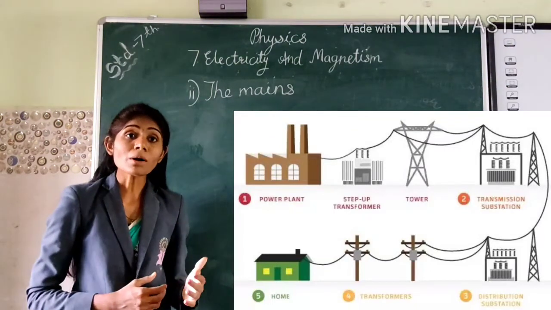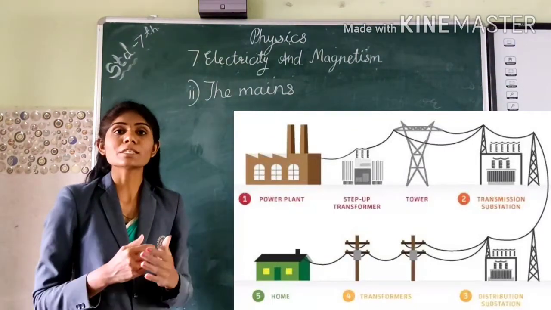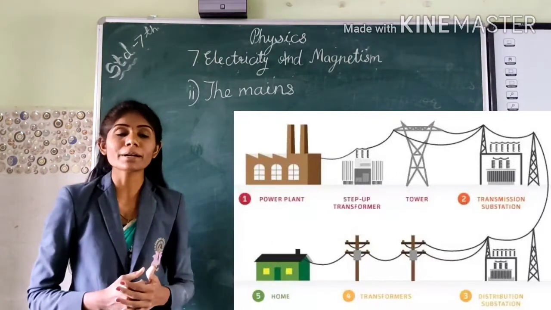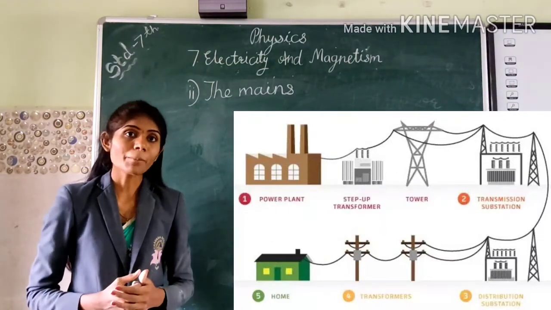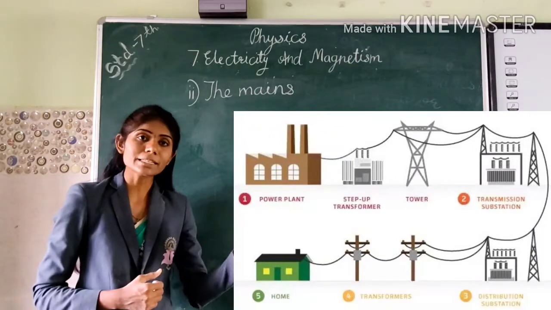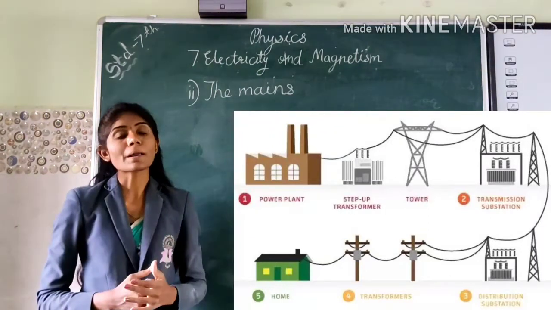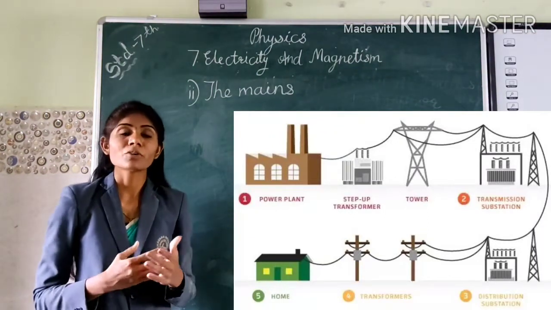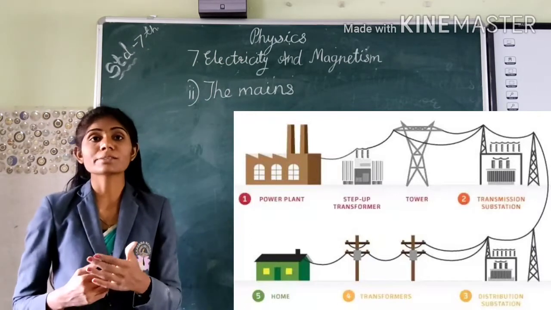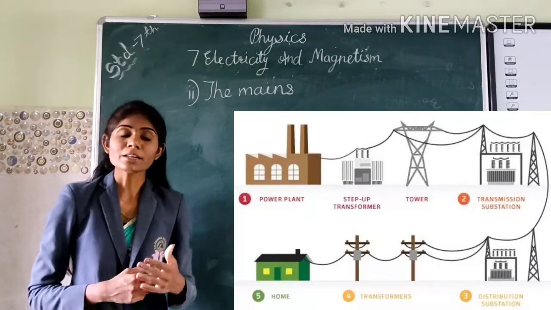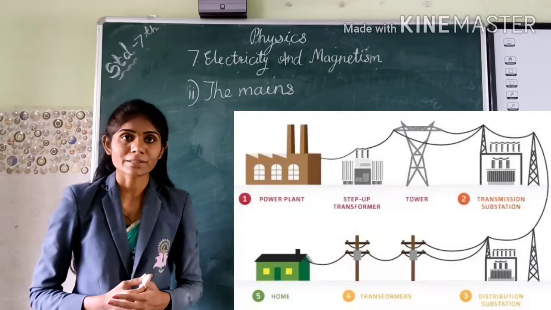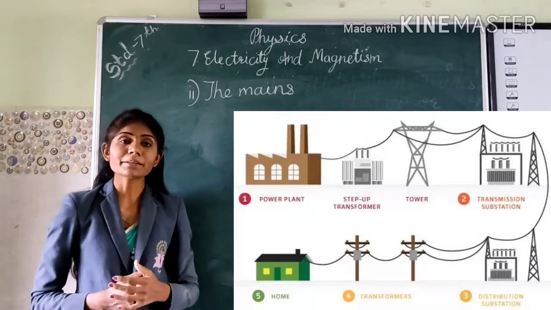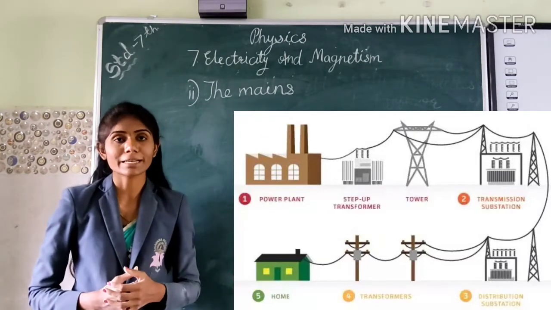From the electric meter, it is distributed to different gadgets in our home. For example, from the electric meter we join wires for the bulb, fan, refrigerator, TV, AC and other electrical gadgets. An electric meter measures the use of electricity.